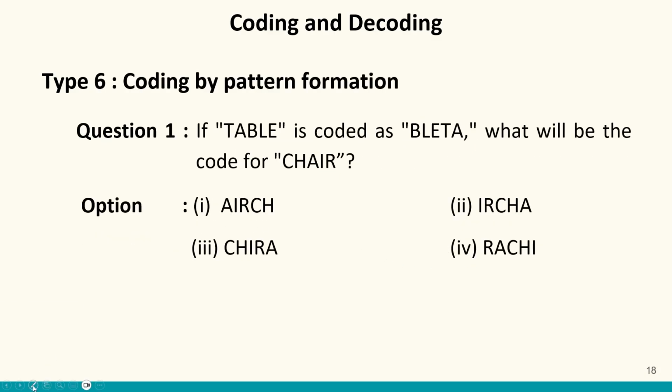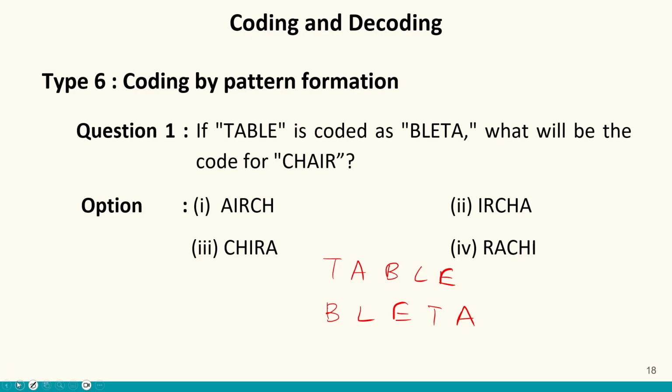Now, we will do coding by pattern formation. In these type of questions, whenever we see the coded word also has similar letters, we can assume it is either coding by pattern formation, or it can also be coding by letter inversion. So over here, the best possible way is to write them one below the other to understand the pattern.